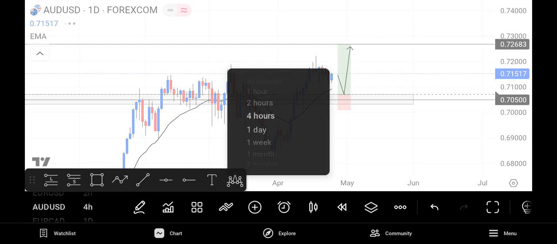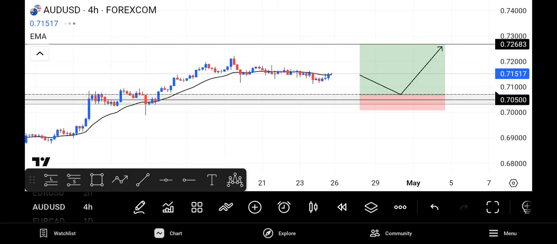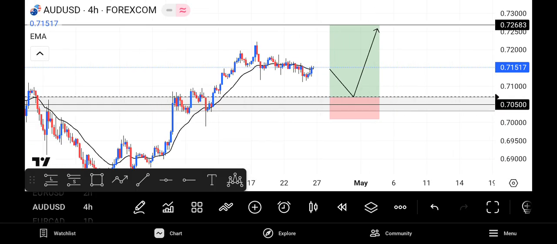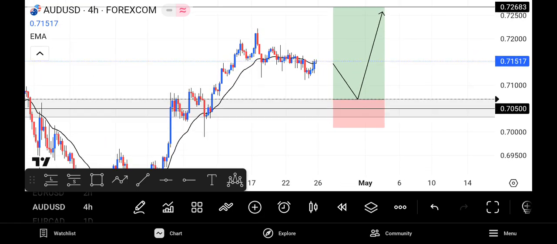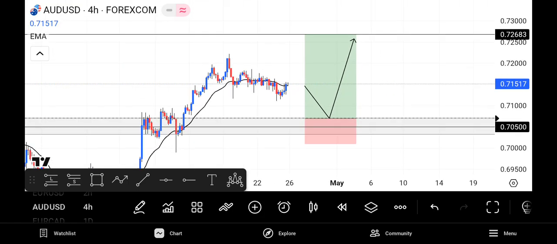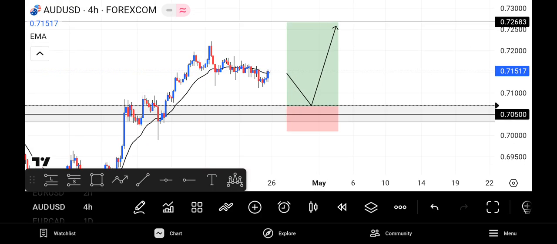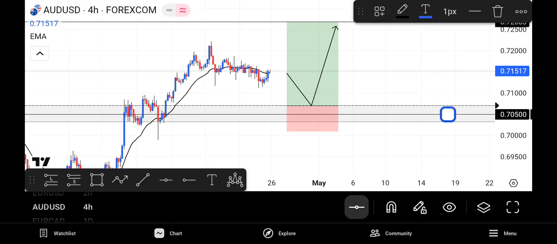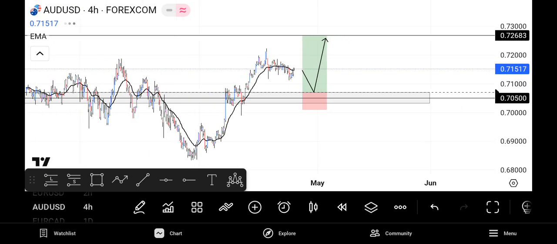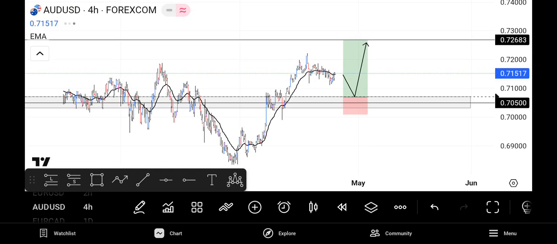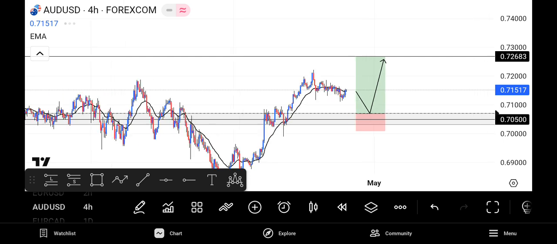Weekly bullish, daily bullish. So the 4 hour is acting bearish. The 4 hour is bearish, but we are expecting the market to come back to this structure point to retest my cycle level, that 0.70500 there, so we can buy AUD to the upside.